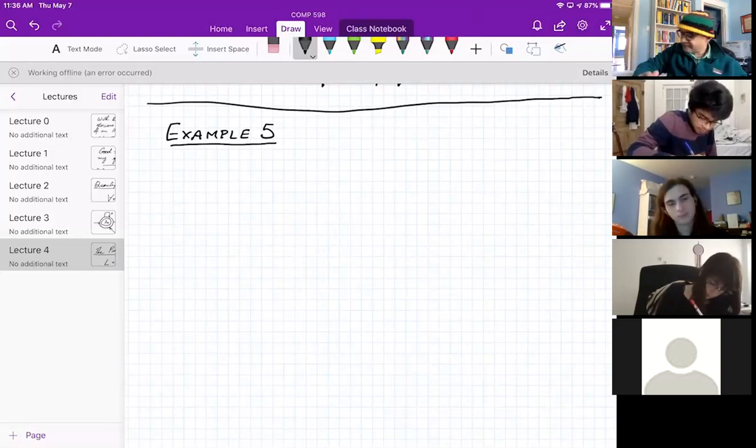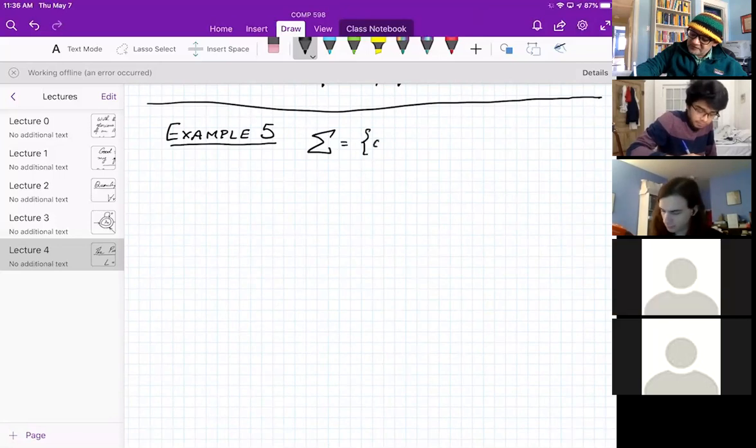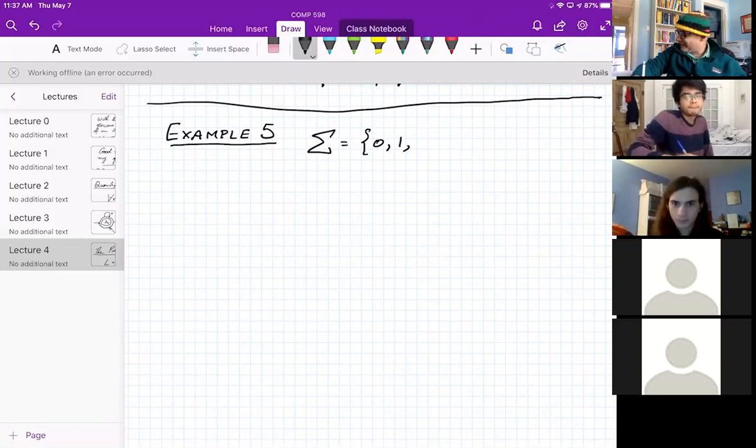So here we go. My sigma is a slightly richer alphabet now. I'm allowed to use the binary numerals, otherwise known as bits. I'm allowed to use the plus symbol, and I'm allowed to use the equality symbol.